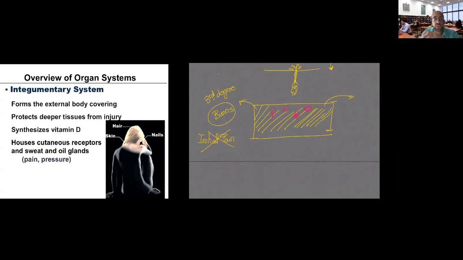Those are cutaneous sensations. If I did have a damage occupying the whole thickness of the skin, I won't have this kind of sensations. That's why when we discuss the different types of burn, we're going to mention that third-degree burn won't have an initial pain. So the patient here won't feel an initial pain in the injured site. Because, yes, as Ted says here, the terminal nerve endings are damaged.